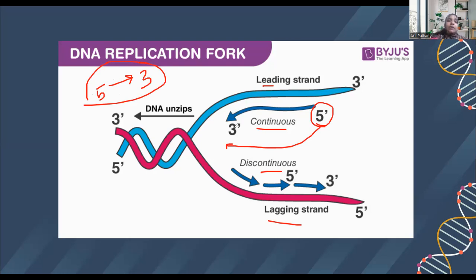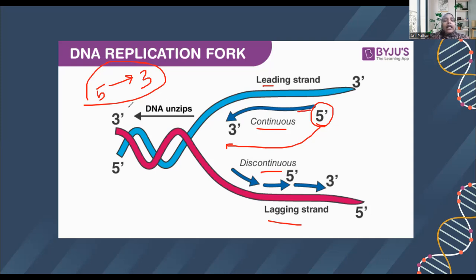What are this 5 prime and 3 prime ends? We have discussed this in the previous video, so if you have not checked out that video where we covered the recap of the structure of DNA, there we have discussed this in detail. Also, you had covered this in lower standards, 10th and 11th standard. The direction of synthesis of the new daughter strand will always take place 5 to 3 dash.